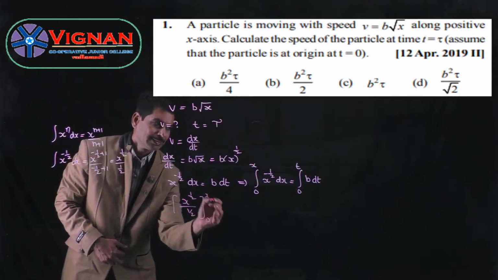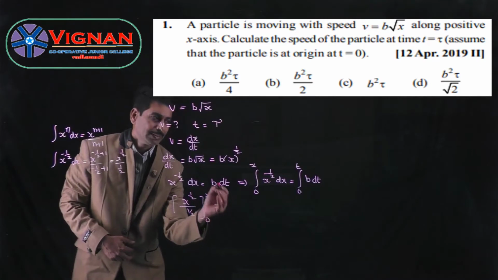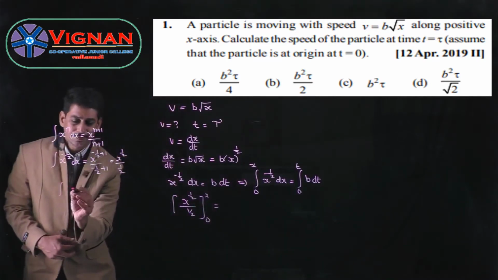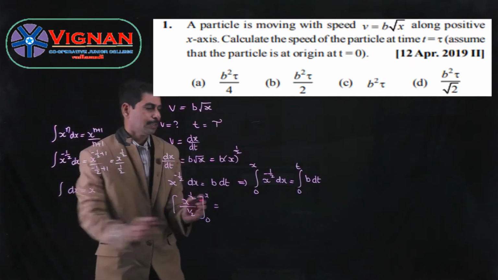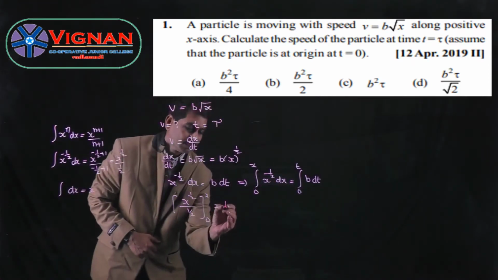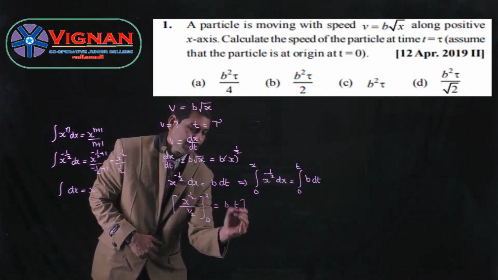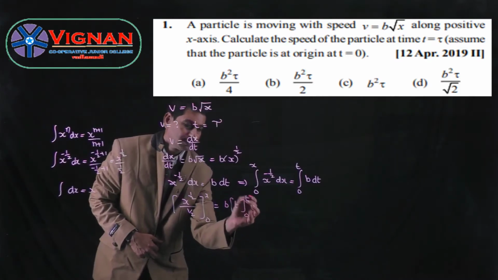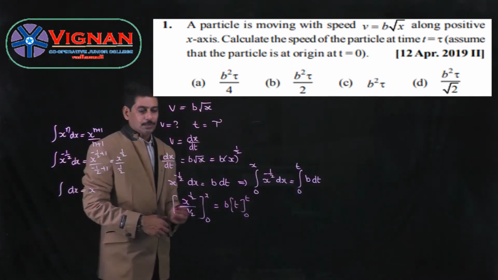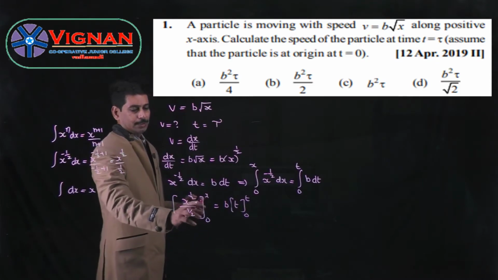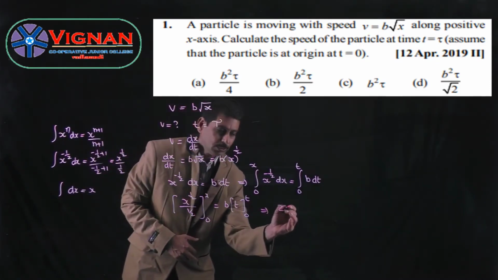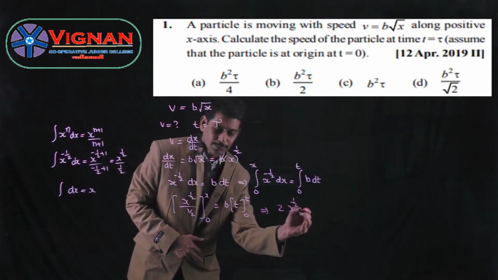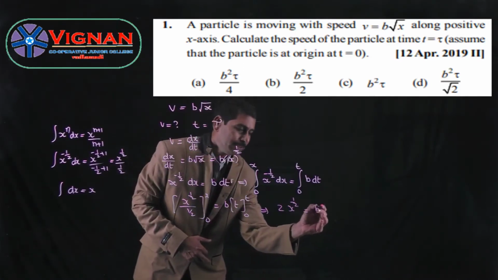And integral of dt is nothing but t. So this is nothing but b into t between the limits 0 to t. So by substituting the limits we get 2 into x power 1 by 2 is equal to b into t.